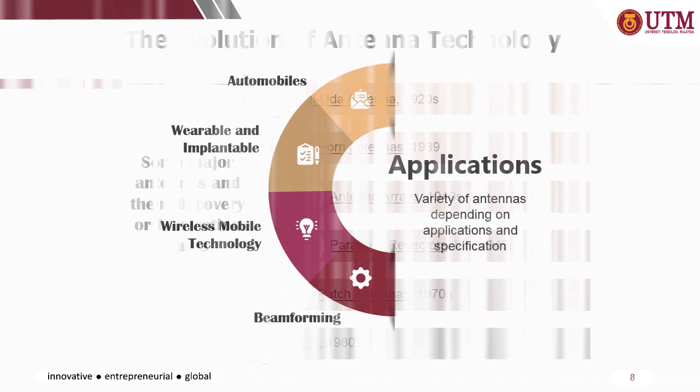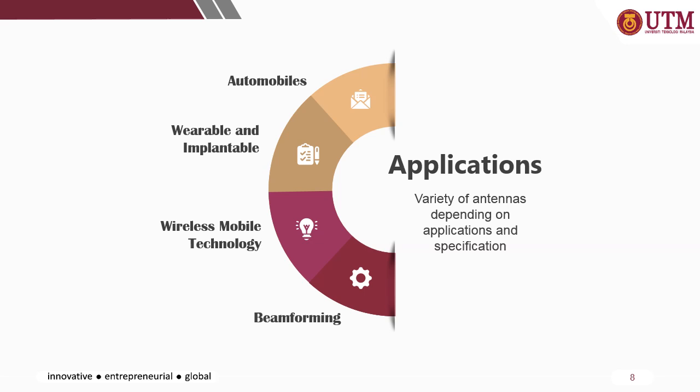Okay, these are some of the applications that use different types of antennas. For example, in automobiles, wearable and implantable, health monitoring and tracking, and then wireless mobile technology, and also beamforming.